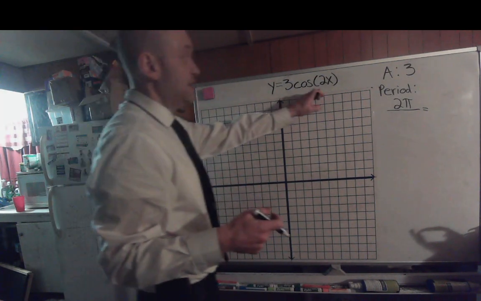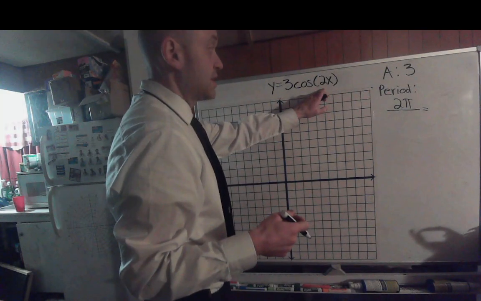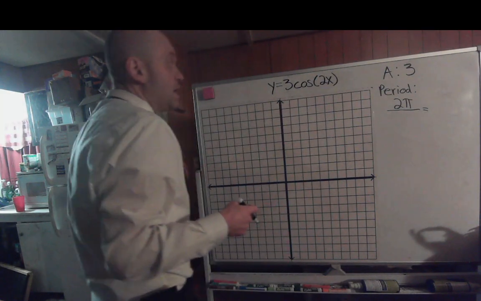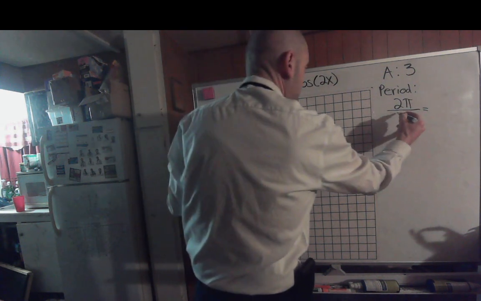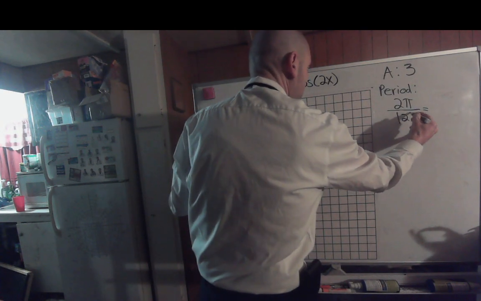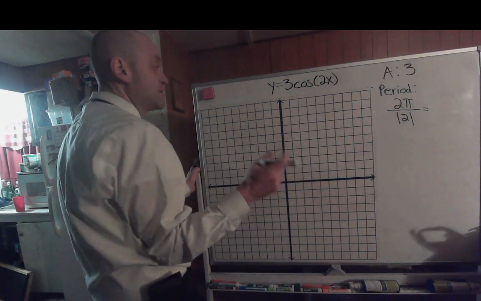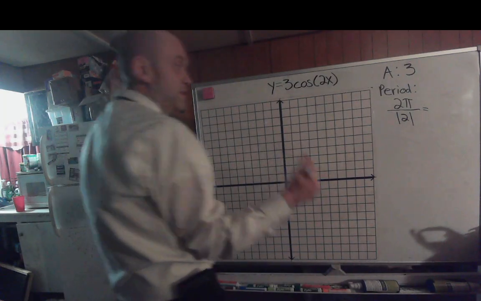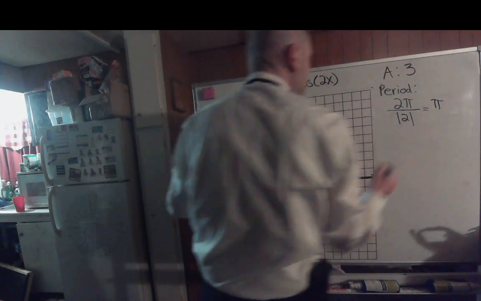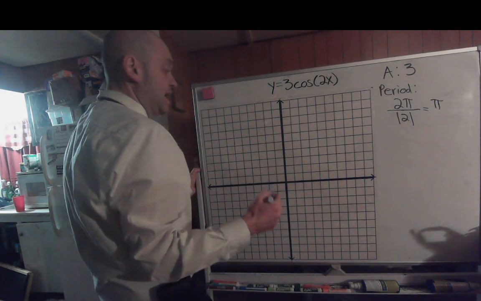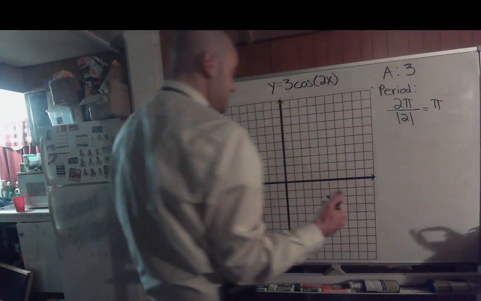Now look inside the cosine, you have a 2x, which means my period's going to be 2 pi divided by the absolute value of that coefficient of 2. So 2 pi divided by 2 gives me a period of pi.